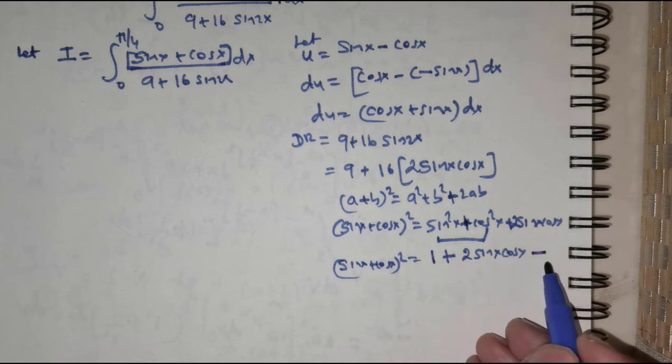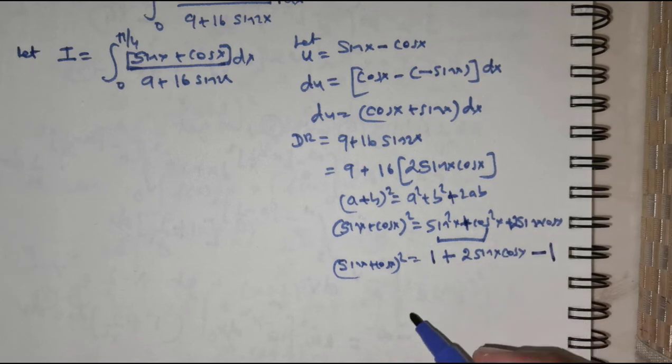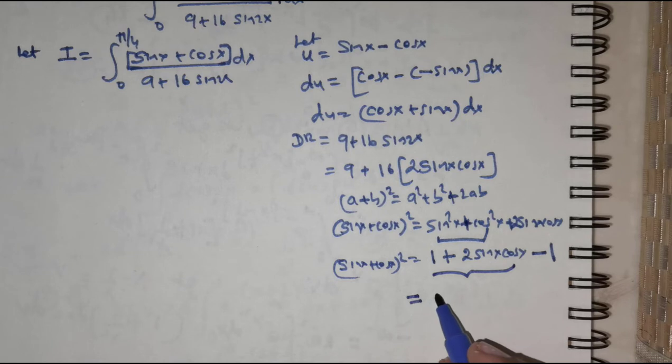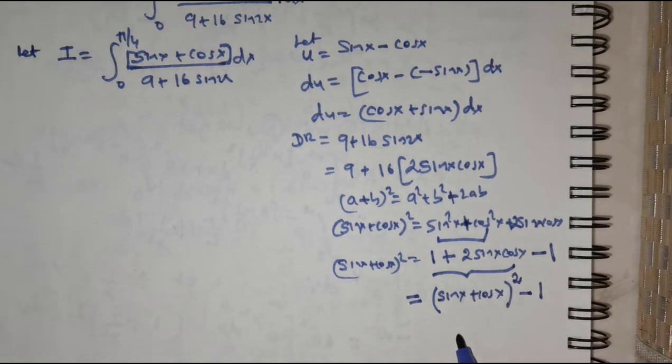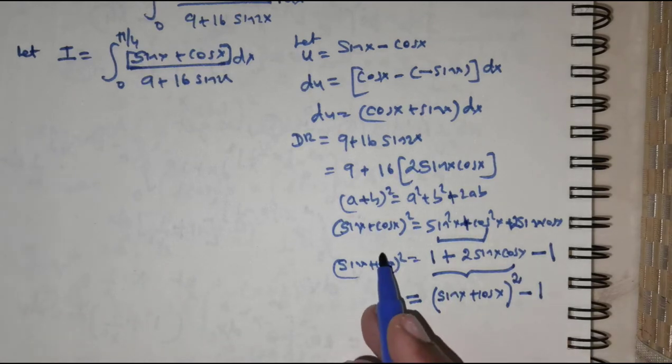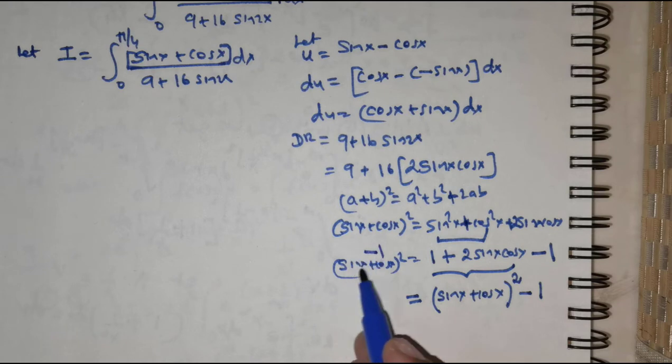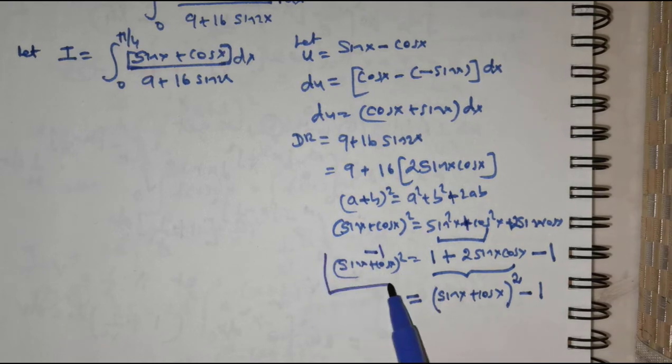Then this entire thing is going to be represented as (sin x + cos x) raised to the power of 2, followed by a negative 1. You follow me? Of course when I add negative 1, it is understood we are having a negative 1 on the left side also.